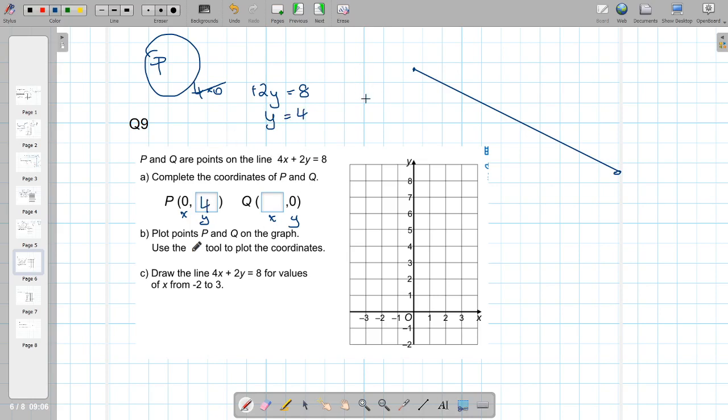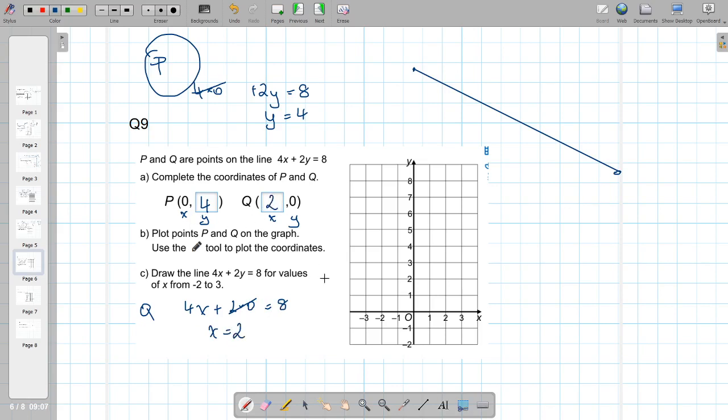And now for point Q, I'll do it maybe down here. For Q, we've got 4x plus 2 times 0, which is 0, equals 8. So 4x equals 8, x equals 2.